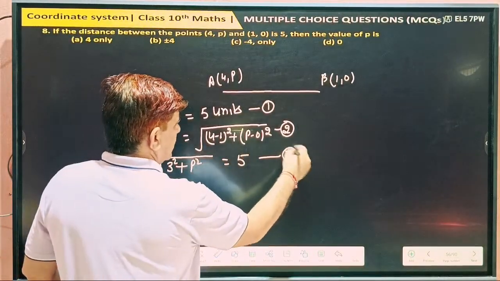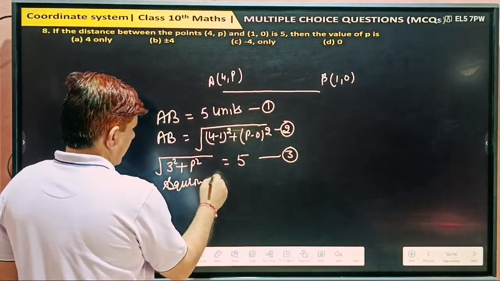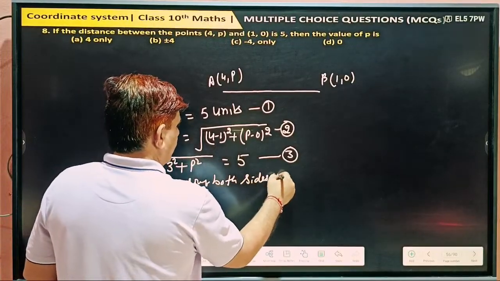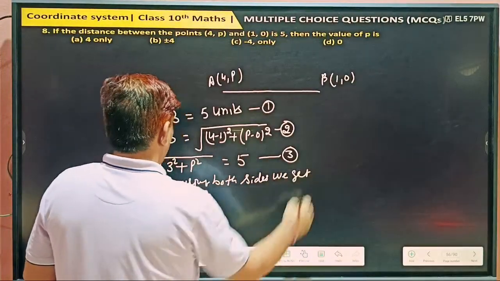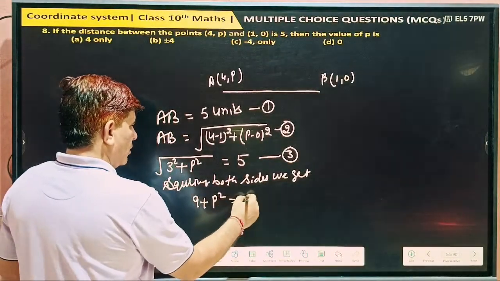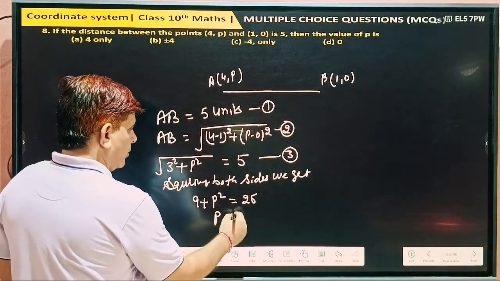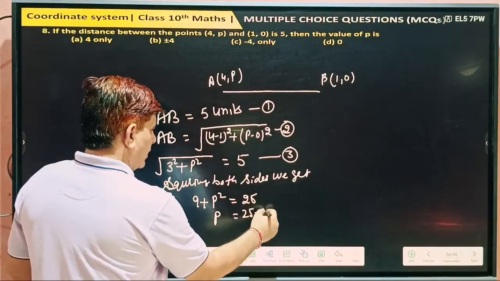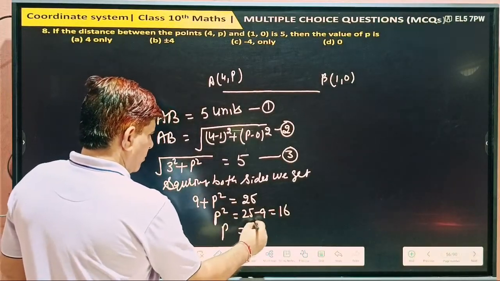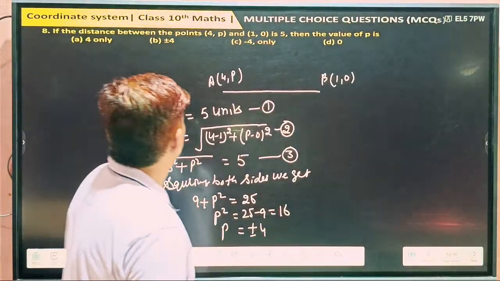This is 3. Squaring both sides, we get 9 plus P square is equal to 25. And P square equals 25 minus 9, which is 16. So P equals plus or minus 4. But length is always positive.